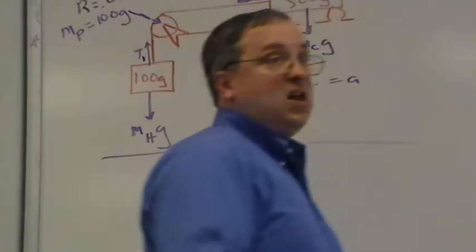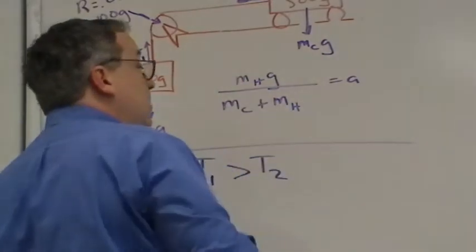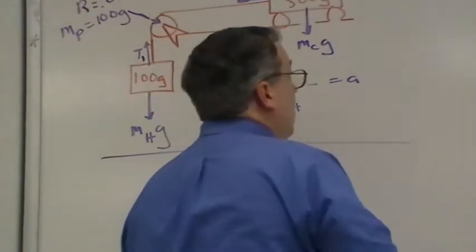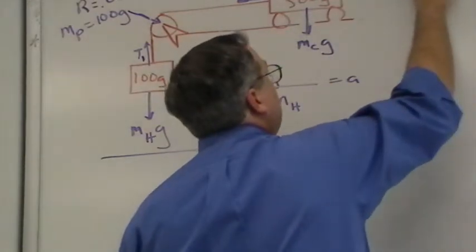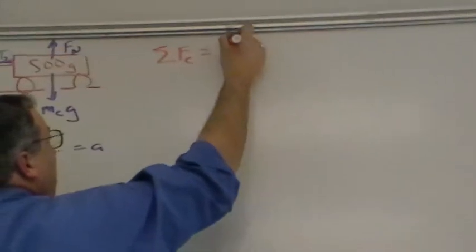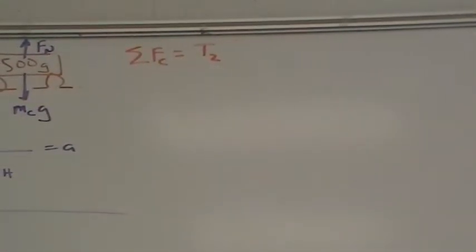So what can you do? Well, you get back to basic physics ideas. And basic physics ideas would be what? Summing forces. So if I look at this and start summing forces acting on the cart in the x direction, I have the tension, T2.